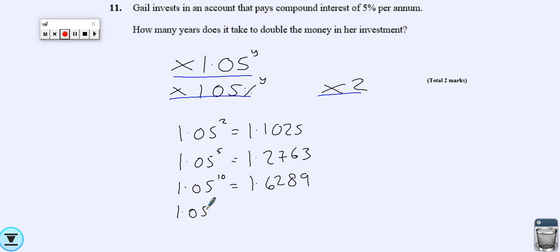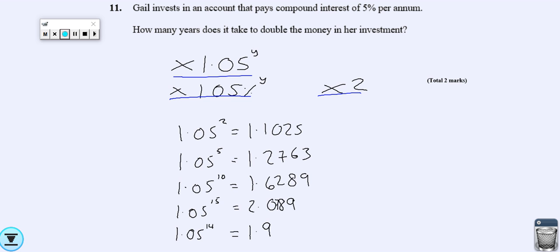Let's try to the power of 15. 1.05 to the power of 15 equals, oh okay, we've got 2.0789. I need to just check now whether the year before went over times by 2. So let's try 1.05 to the power of 14.